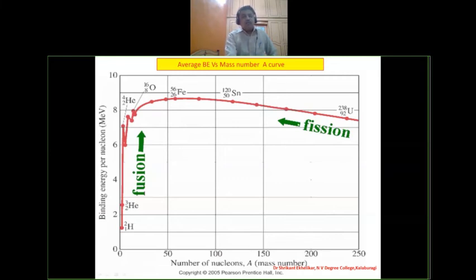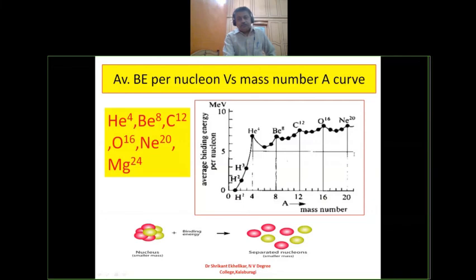So in this region the elements are stable because they have the same binding energy, and for heavy nuclei more than 200 the binding energy decreases to 7.6 MeV, and you see peaks for particular mass numbers, which you can see here, that is the peaks for helium, beryllium, carbon, oxygen, and neon.